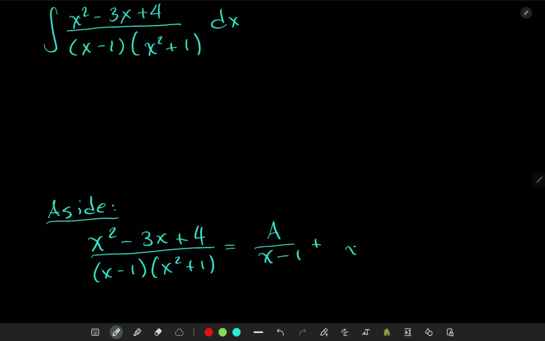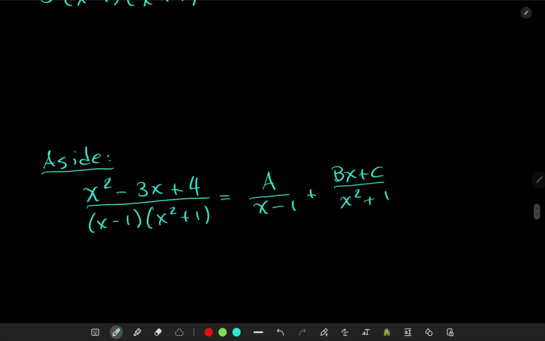And then the other one is a polynomial of degree 2, and you pick something of degree 1. Well, not a, because I already used a, so bx plus c. The most general polynomial of degree 1 would just be bx plus c, where b and c are constants that you don't know.